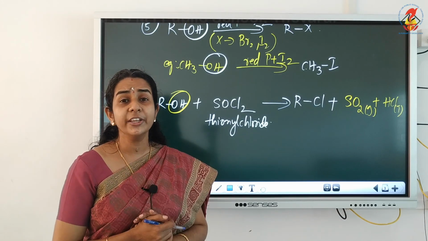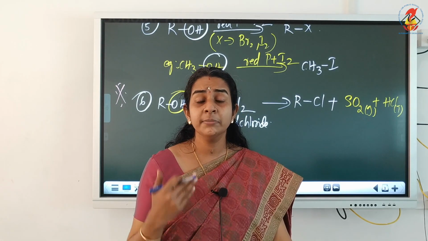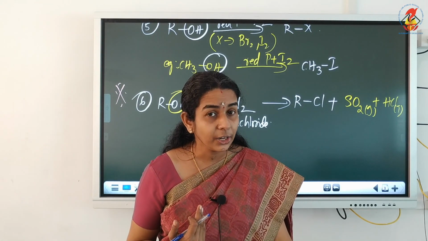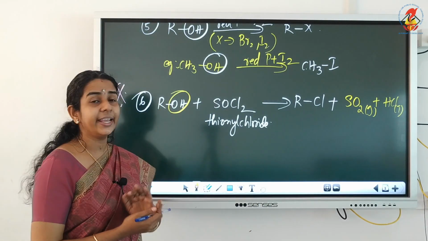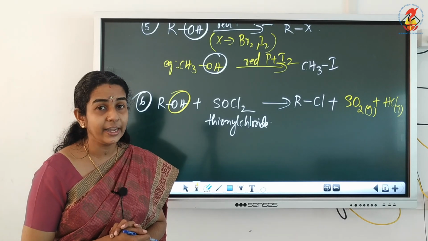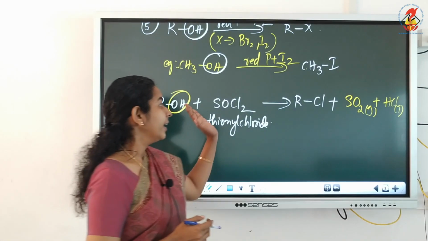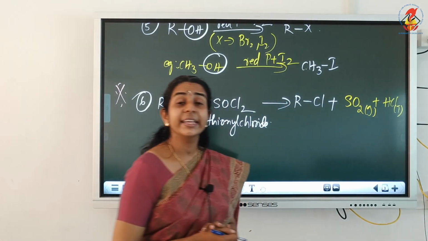Now very important give reason question: why is thionyl chloride the most preferred reagent for the preparation of alkyl chlorides? The reason is, in this reaction, the byproducts are gases.